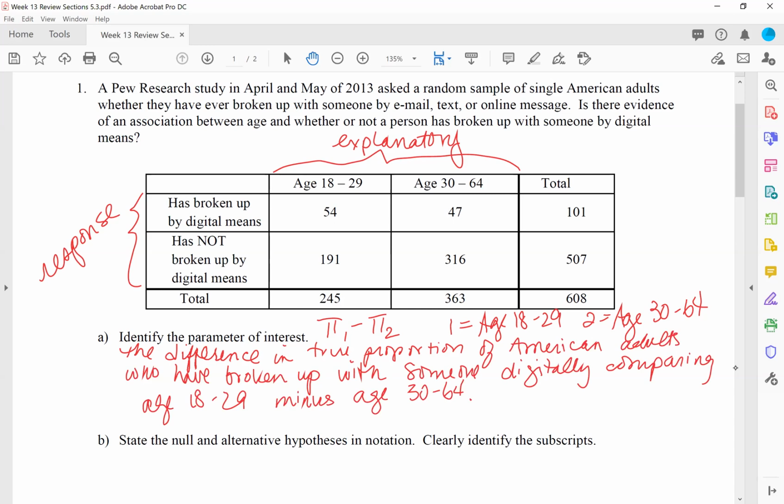So looking at the difference in proportions between those two groups.